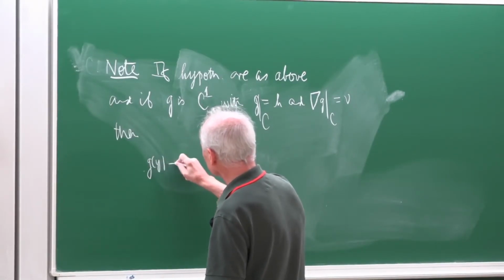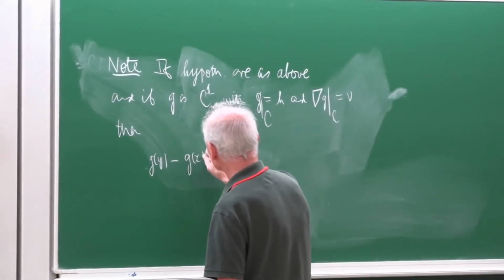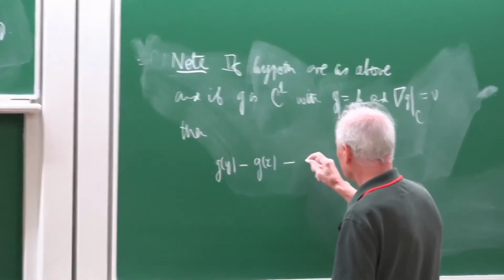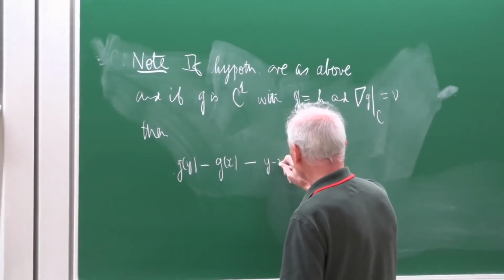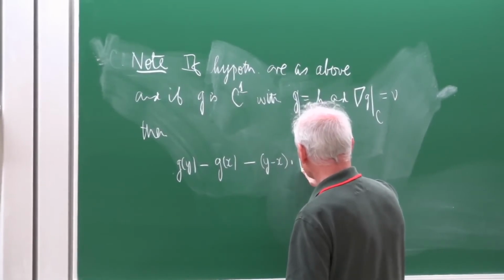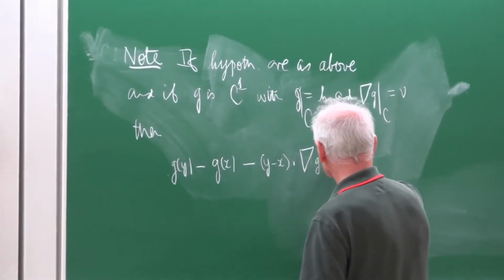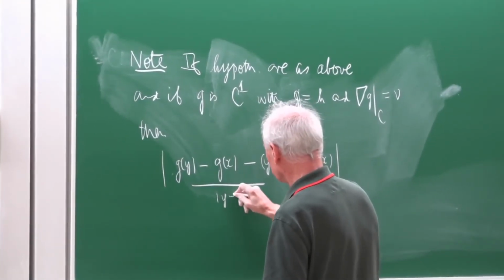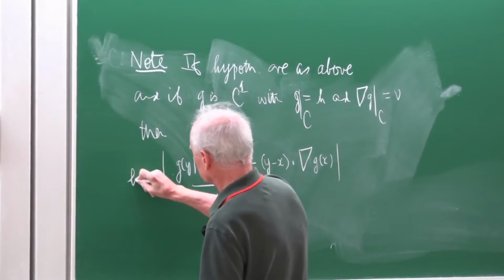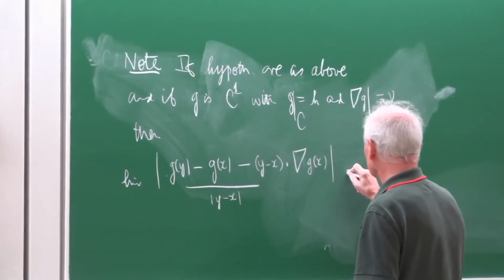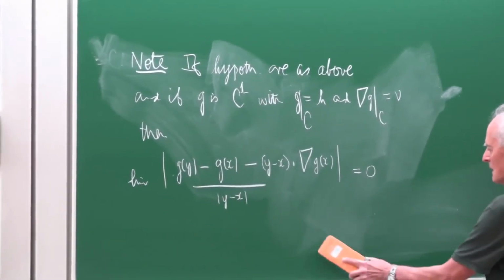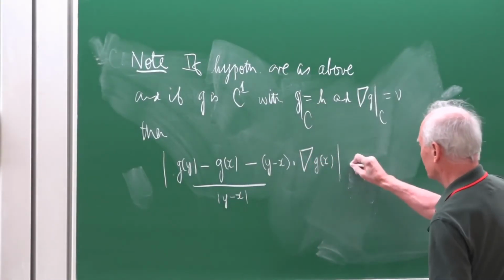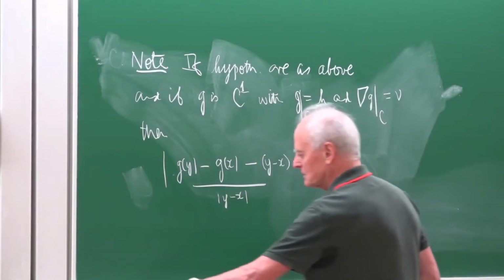Gy minus Gx minus y minus x dotted with the gradient of Gx, absolute value, over the length y minus x. The limit of that is equal to 0, of course. But we can actually do a bit better than that. We can say a bit more than that. Let's try to do that.